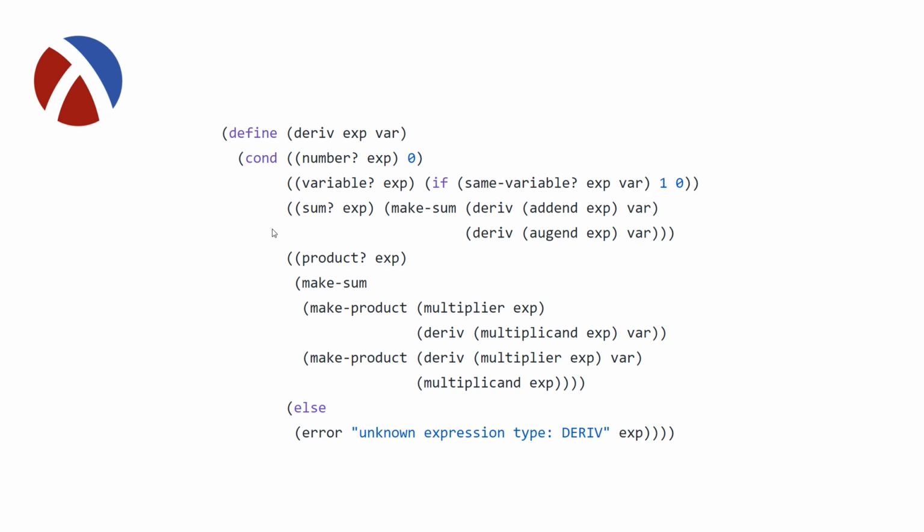And then we have two clauses for checking whether we have a sum or a product expression, and if so, dispatching to the correct derivations for each of those. And otherwise, because this is not a full-blown derivation procedure, you will return an error saying, don't know how to derive for the expression that you provided.